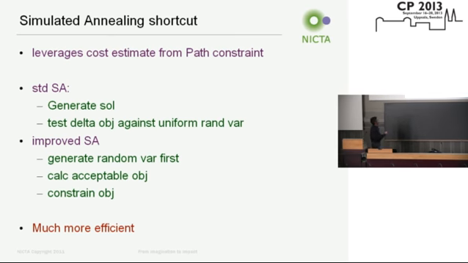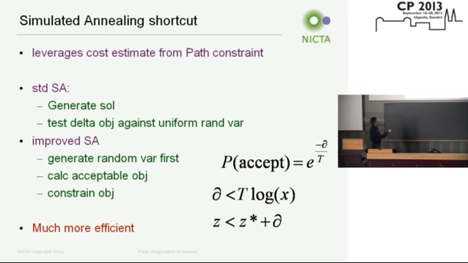you're doing repeated solving. So if I've got a standard simulated annealing, what I would do is generate a solution and then work out, once I've got the solution, I'm going to throw my dice and say, okay, the probability of accepting this solution is e to the power of the change in objective value divided by t, where t is the current temperature. What this lets us do is turn that on its head and work out that I need my objective value to be my current best objective value plus the delta that I have generated a priori.